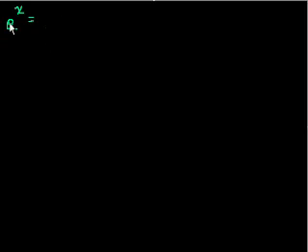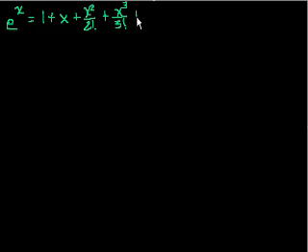So the Maclaurin series representation of e to the x, and it actually does equal e to the x, is 1 plus x plus x squared over 2 factorial plus x to the third over 3 factorial. I'm going to do a bunch of terms, and you'll see why.